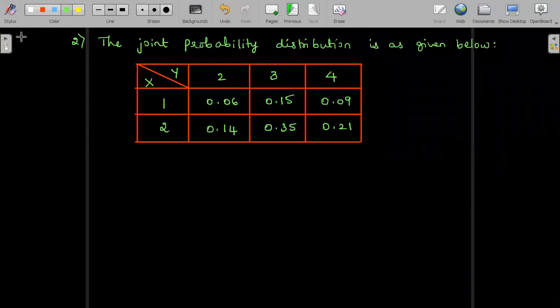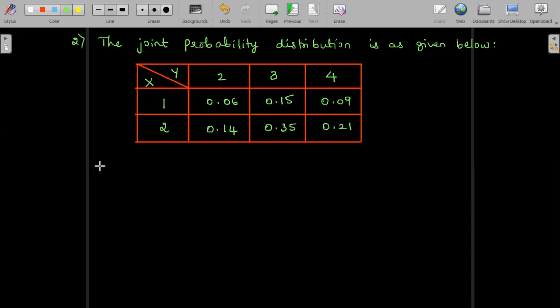Here x takes the values 1, 2 and y takes the values 2, 3, 4. The respective values are J11 0.06, J12 0.15, J13 0.09. Similarly, J21 0.14, J22 0.35, J23 0.21. So these are the given joint values for us.